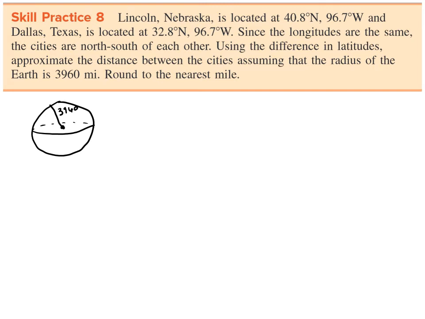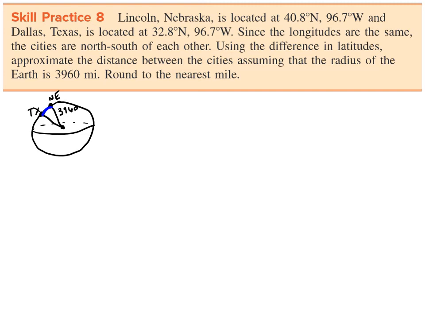And basically, we know that Lincoln is directly north of Dallas. So let's say this is Lincoln and this is Dallas. What we want to do is find this arc length, because if we can find that arc length, we can find the distance between Lincoln and Dallas.